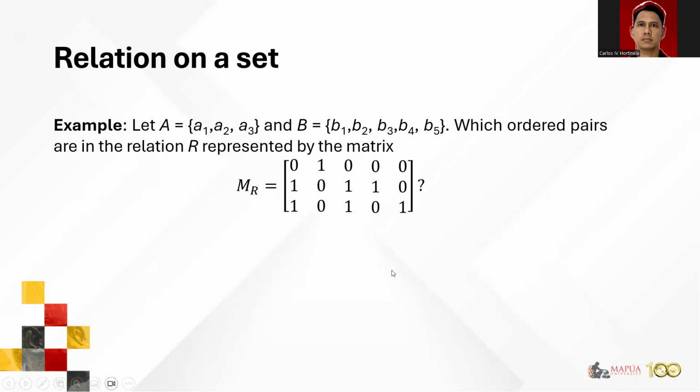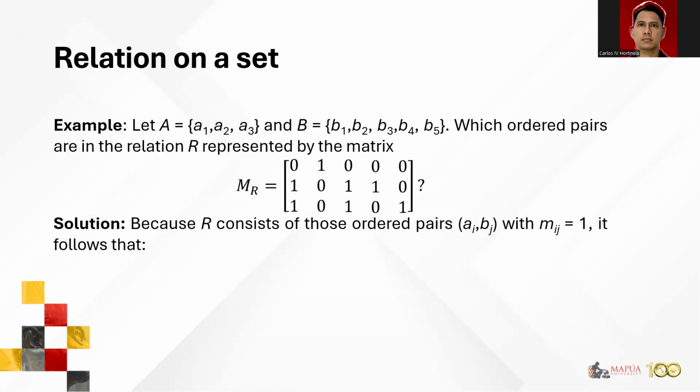In your relation matrix, you have the following elements that are zeros and the following elements that are ones. And these elements that are ones are present in your relation matrix. So if we convert that as ordered pairs, what ordered pairs are now seen on our relation set?